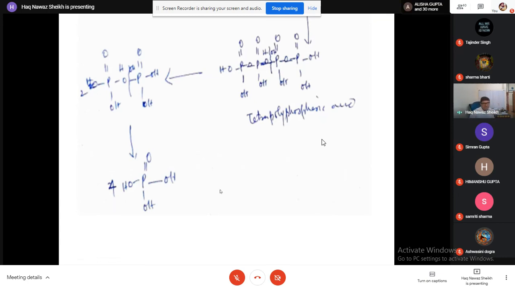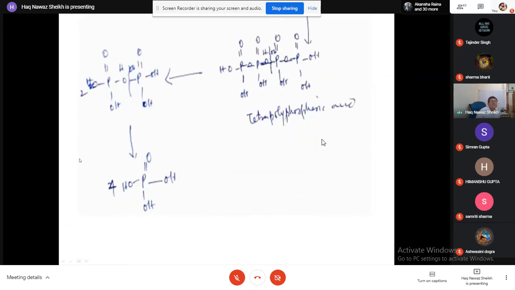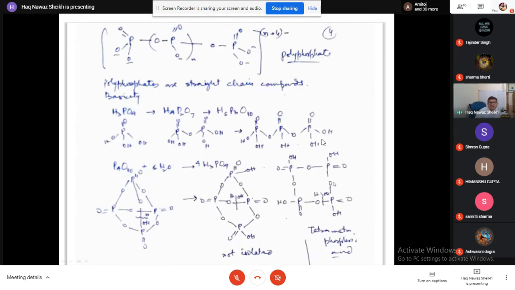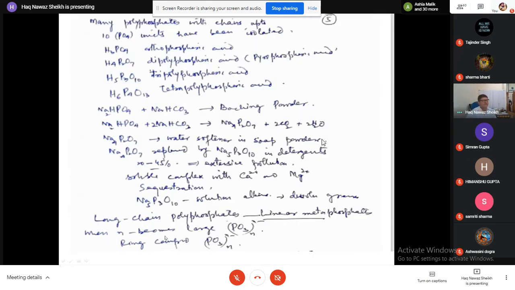So the overall reaction is P4O10 plus 6 times water gives you 4 times H3PO4, phosphoric acid. But in between, you can get a cyclic compound, a tetramer, a dimer, and then a monomer. So successive hydrolysis takes place to generate orthophosphoric acid.